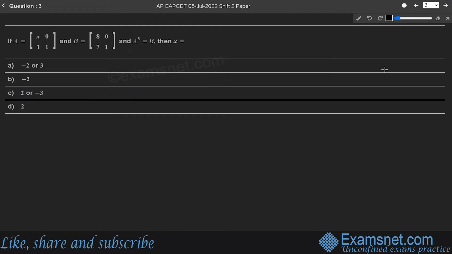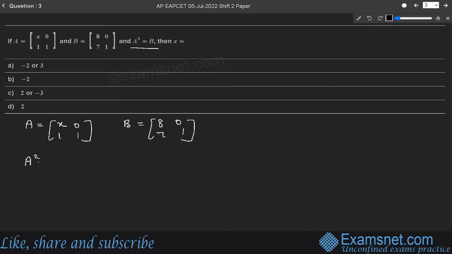Next question is a question that comes from matrix. And the question is, if matrix A is equal to [x, 0; 1, 1] and matrix B is equal to [8, 0; 7, 1], and it is given that A cube is equal to B, then x is equal to. So first let us calculate A cube.